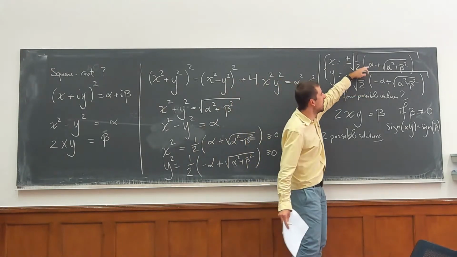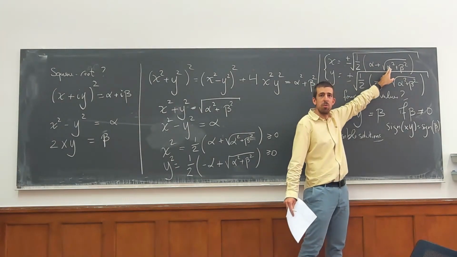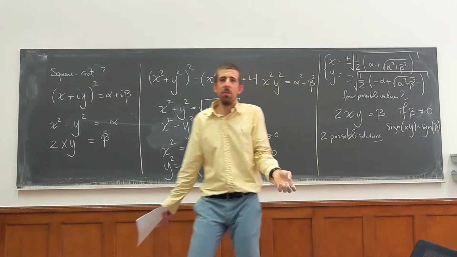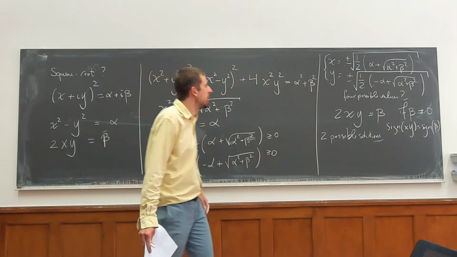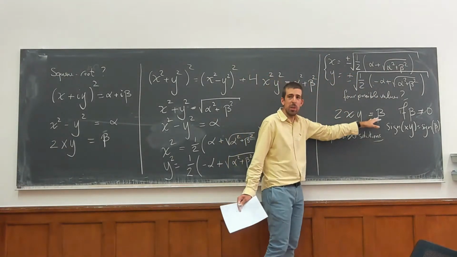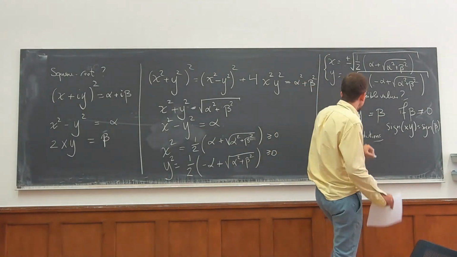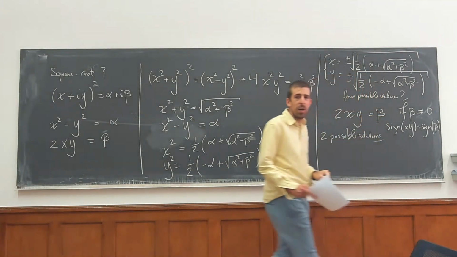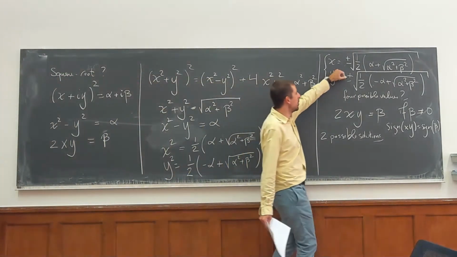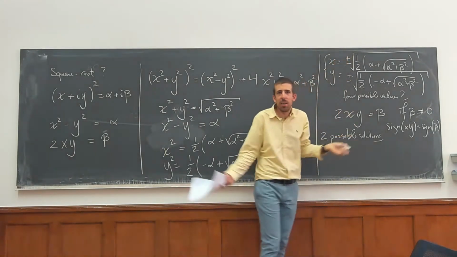One way is by this definition: if beta is 0, then either alpha plus its absolute value or minus alpha plus its absolute value is 0, because all these numbers are real. Another way of viewing this is this equation: if beta is 0, then either x or y is 0. And so really, one of them is 0, and so the choice that we thought we had, we didn't really have.